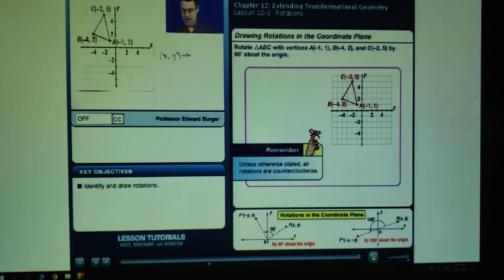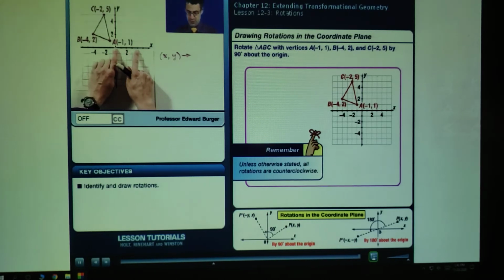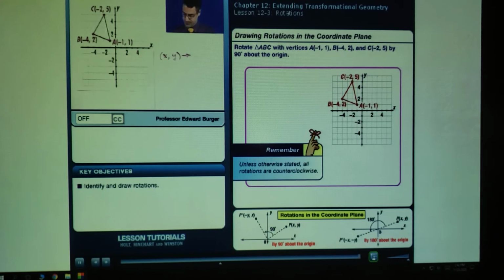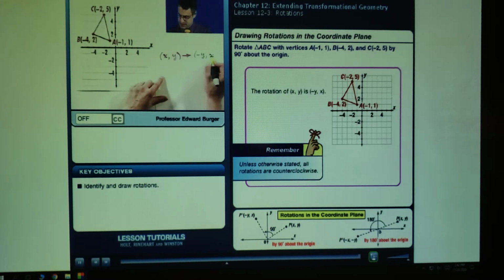Well, the x value for the new thing would become the negative y of the old thing. And the new y would be the old x.